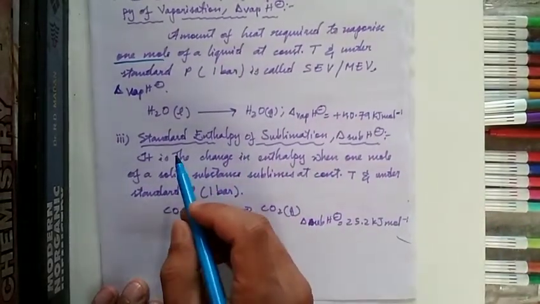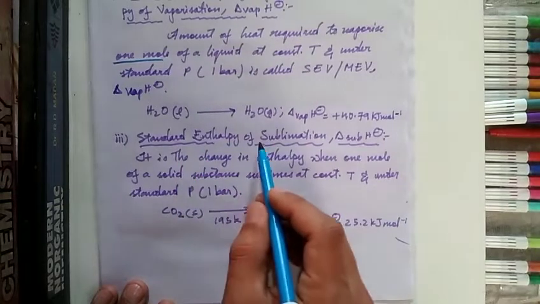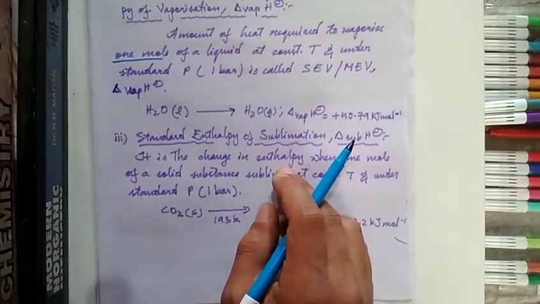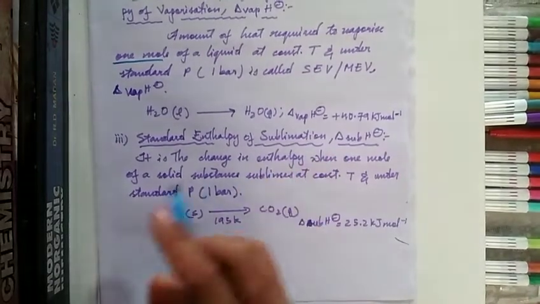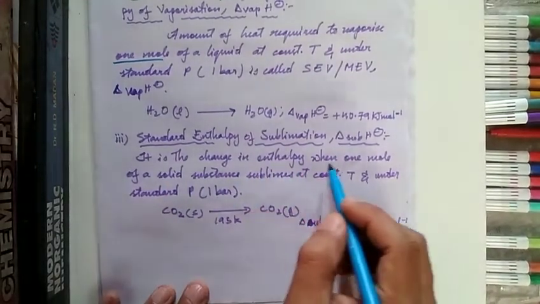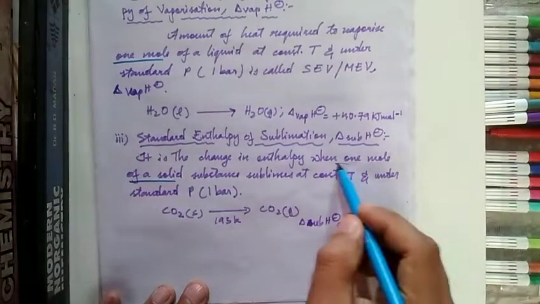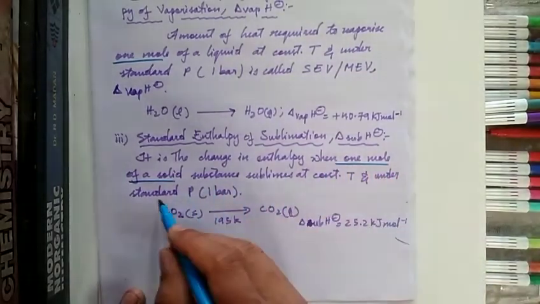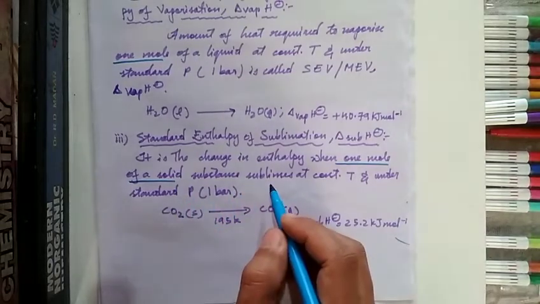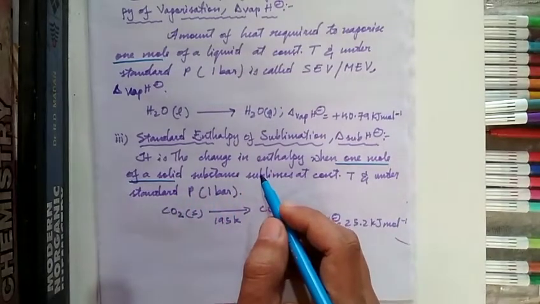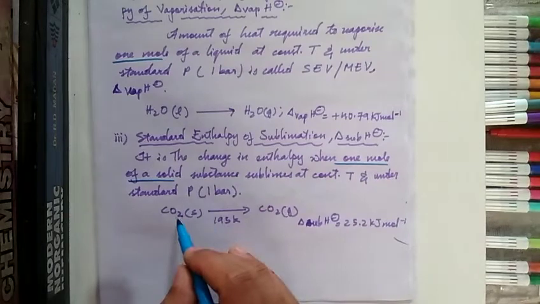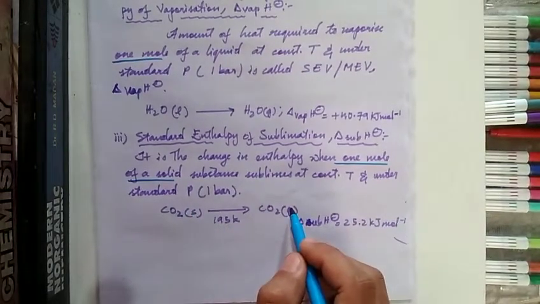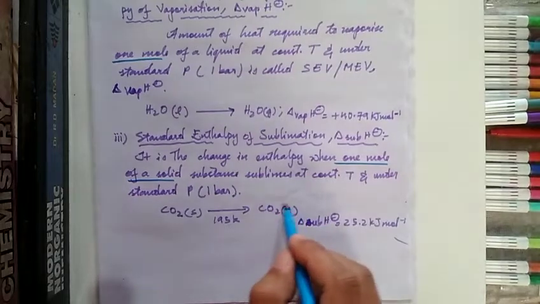The third one is standard enthalpy of sublimation. It is the change in enthalpy when 1 mole of a substance, at constant temperature and under standard pressure, that means 1 bar, undergoes sublimation. Sublimation means direct conversion of solid into vapor, or we can say gas also.